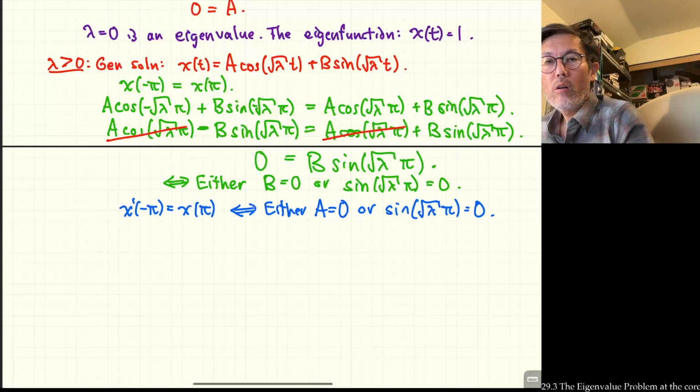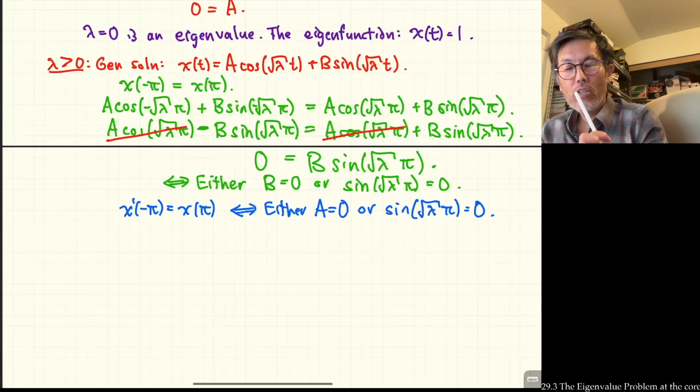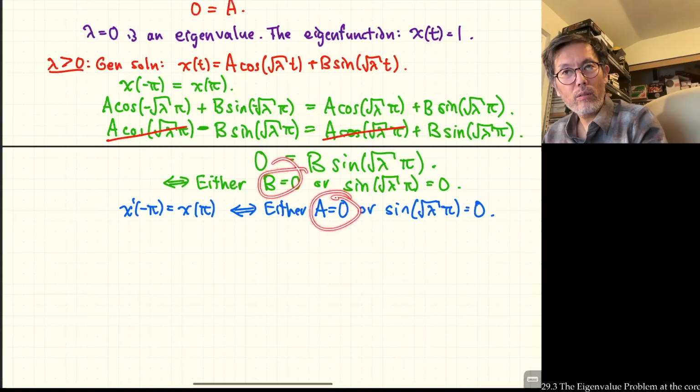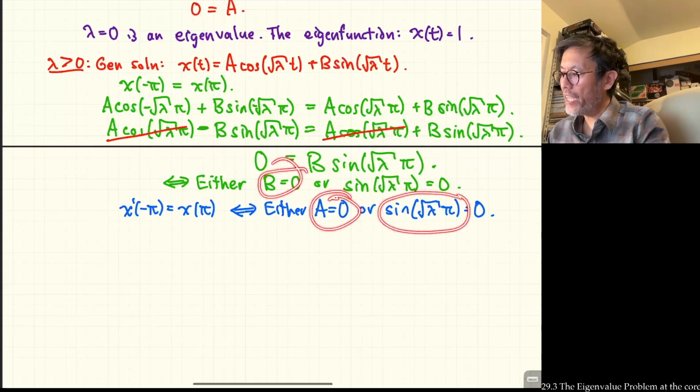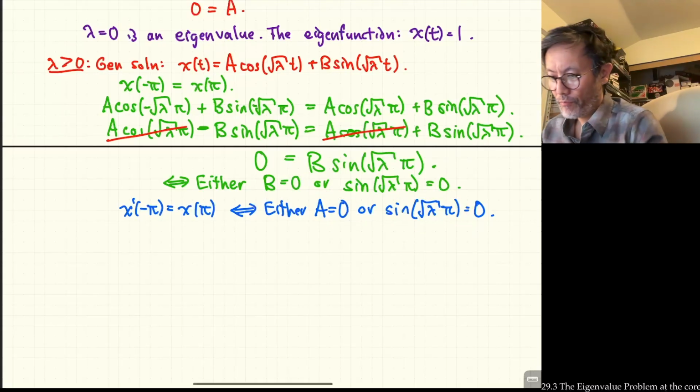Now, remember, we want non-zero solutions. So we can't have both b being 0 and a being 0. So in order to have a non-zero solution, we have to have sine of the square root of lambda times pi being 0, one way or the other, right?